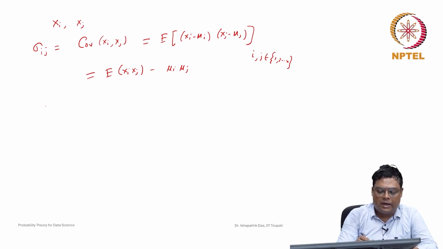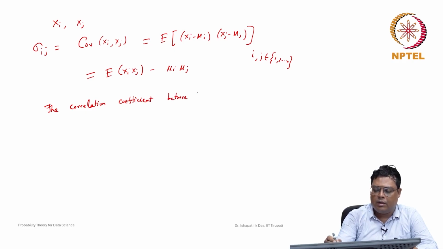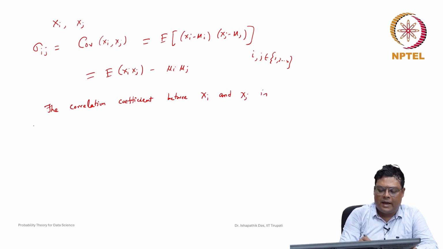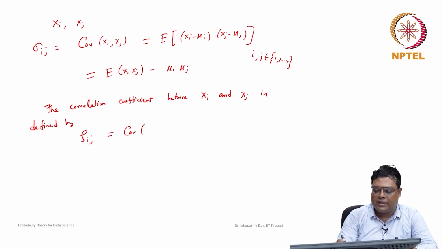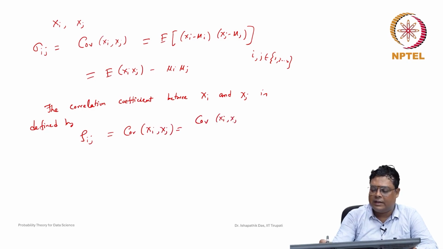The correlation coefficient between xi and xj, which we denote by rho ij, is defined by the covariance between xi and xj divided by the square root of variance of xi and the square root of variance of xj.